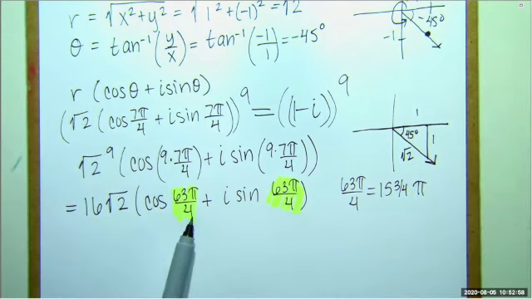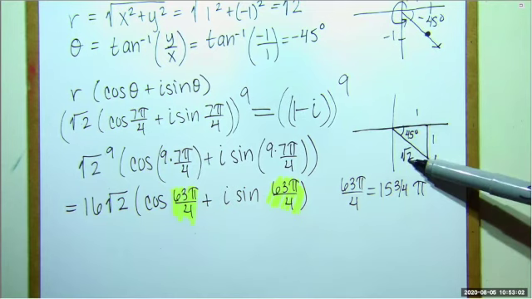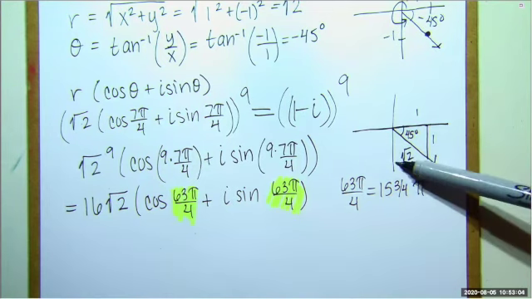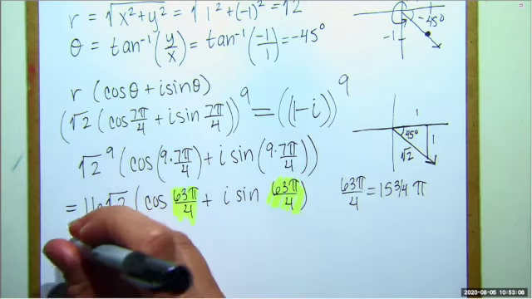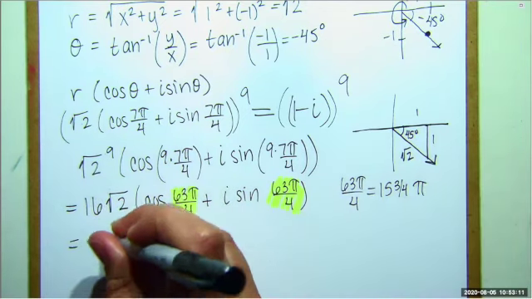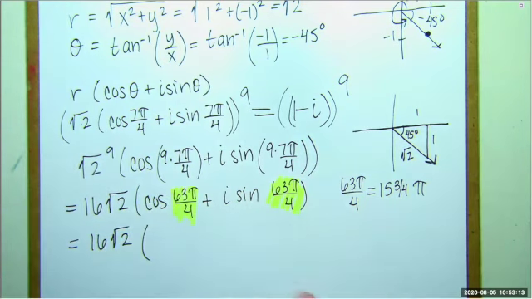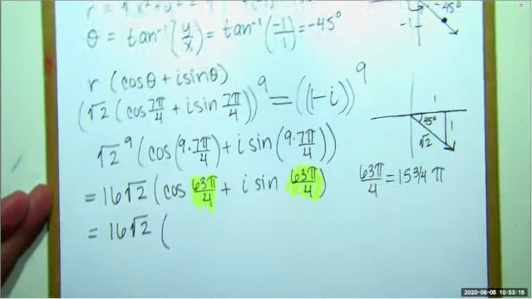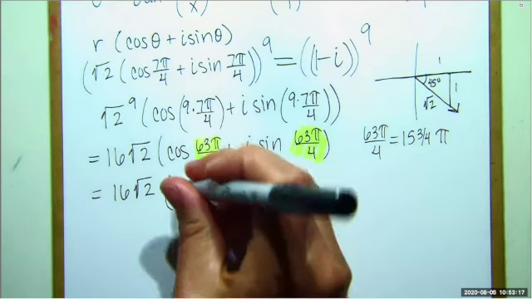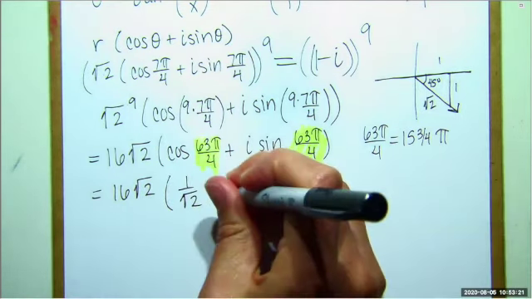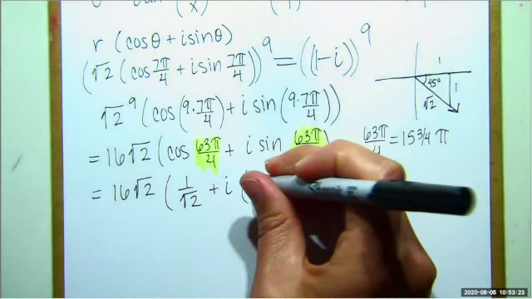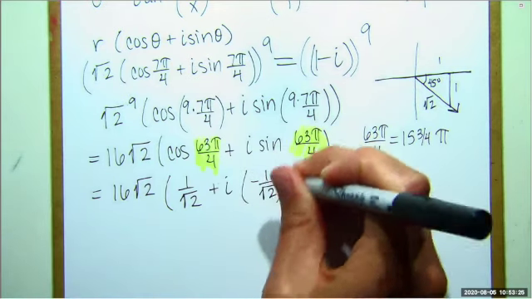So cosine of 63 pi over 4, cosine is just adjacent over hypotenuse, and sine is just opposite over hypotenuse. And in the fourth quadrant, we know sine is negative and cosine is positive. Or, of course, you're welcome to use a calculator for the exam. So here we get cosine is 1 over root 2, positive in the fourth quadrant, and sine is negative 1 over root 2, negative in that fourth quadrant.